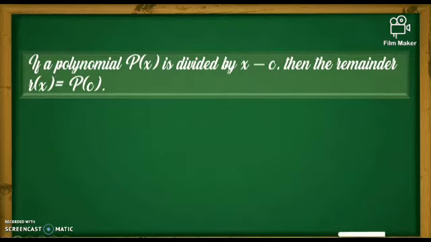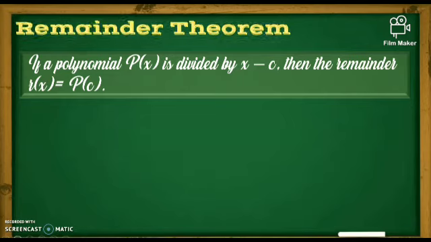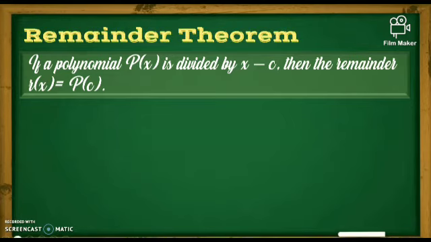If a polynomial p of x is divided by x minus c, then the remainder r of x is equal to p of c, and it is known as the remainder theorem.